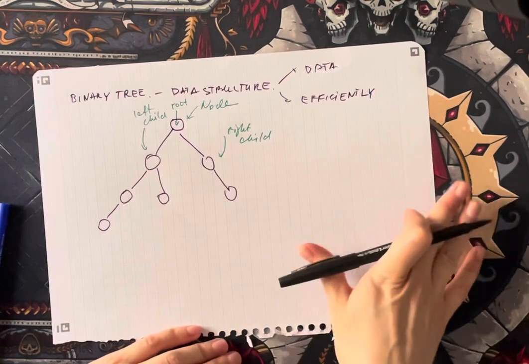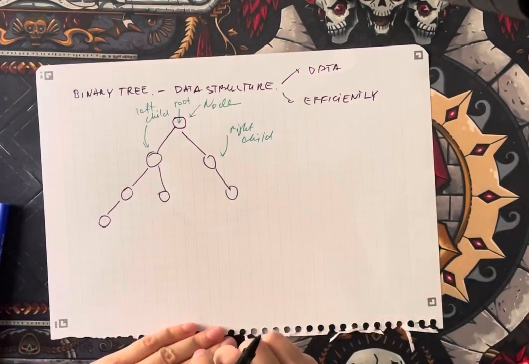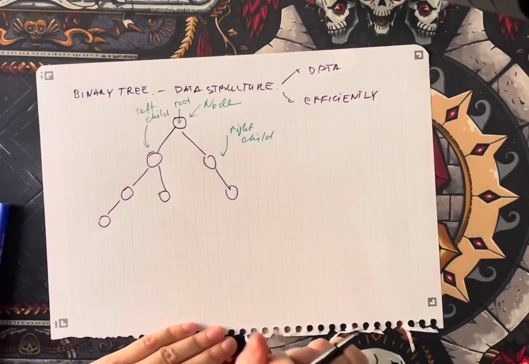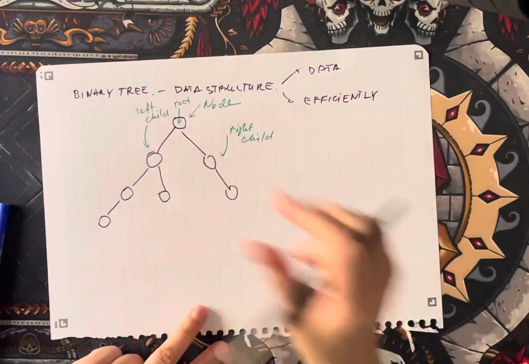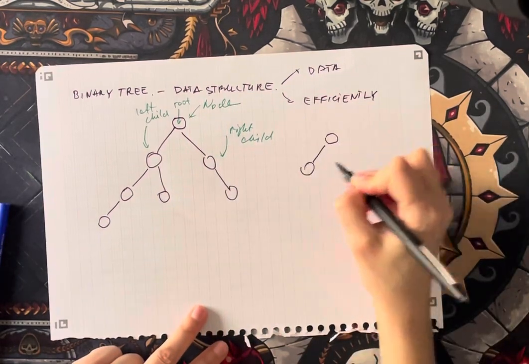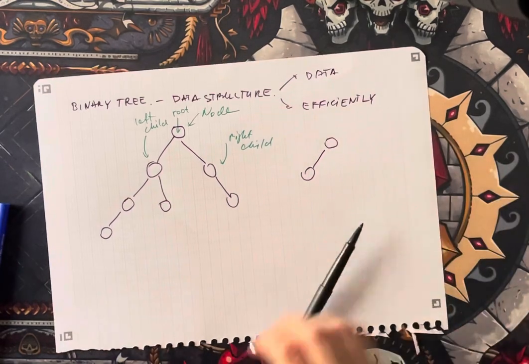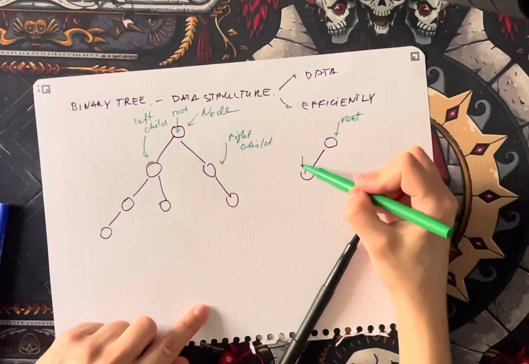This is not necessary. In fact, for the binary tree, every node can have 0, 1, or 2 children. So, for example, this is a binary tree. This is a binary tree as well. Here is the root, and it only has one child.